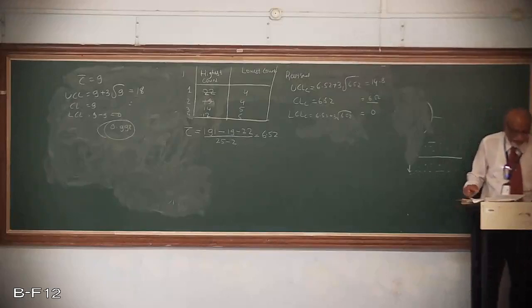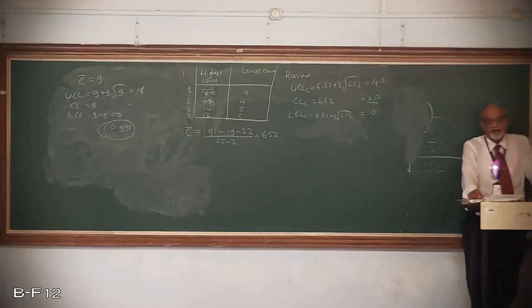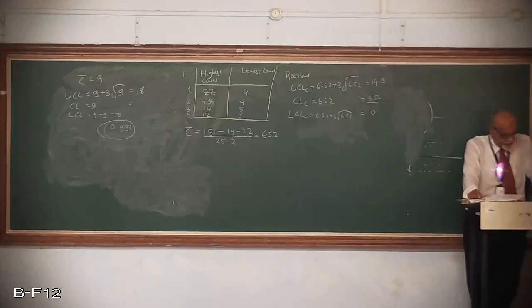Okay, I will read a particular problem and you try to identify which type of control limits are to be used. The number of students failing in a university exam was analyzed college-wise.